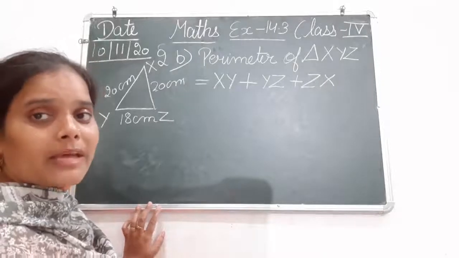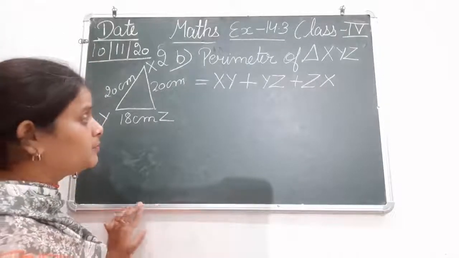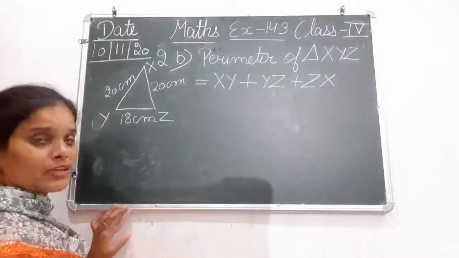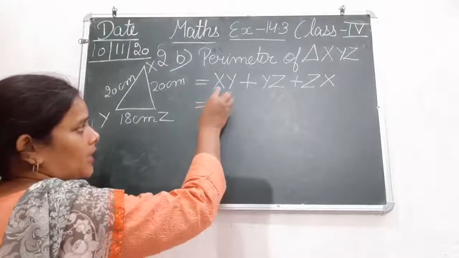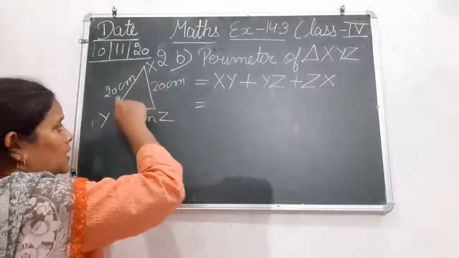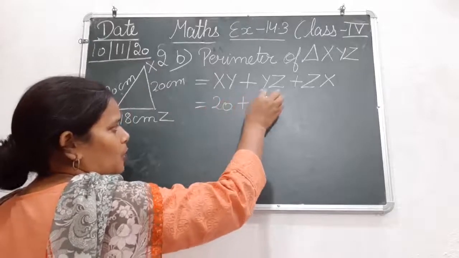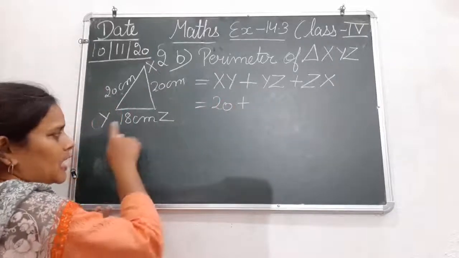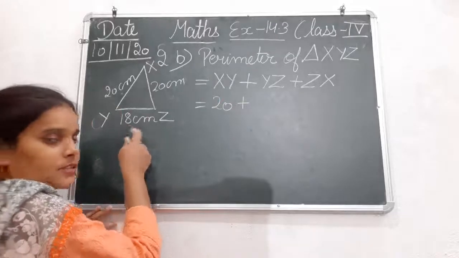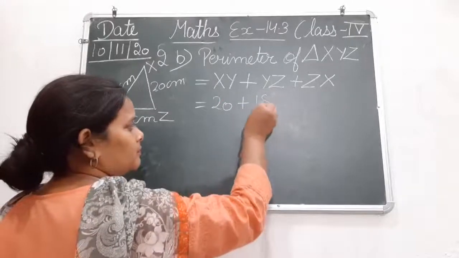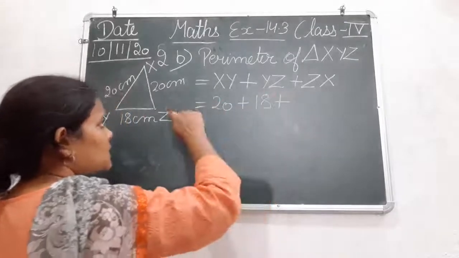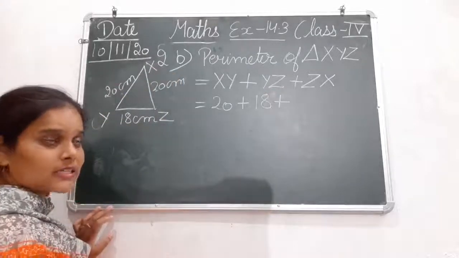So this is the name that we have given to this triangle. Now we are going to add the measurements. XY is 20 centimeter plus YZ. This is YZ and YZ is 18 centimeter plus ZX. The third one is ZX.